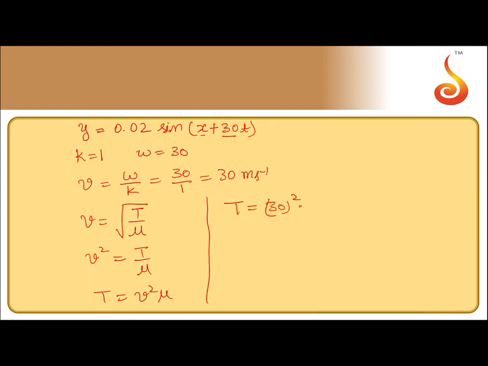T is equal to 30 square into mu is given, it is 10 to the power minus 4. So 30 square is 900 into 10 to the power minus 4. So that will be 0.09 Newton. That is option A.